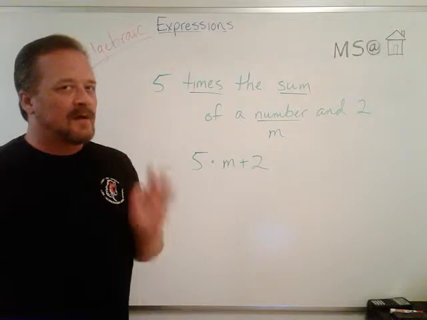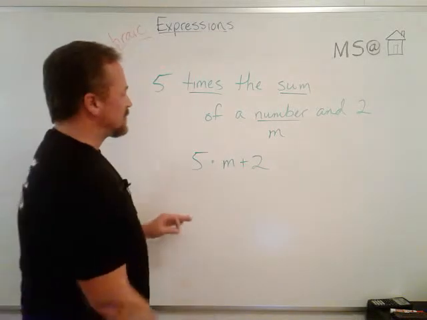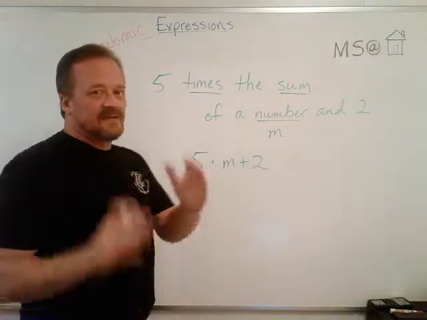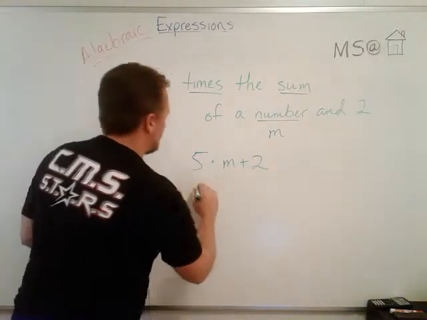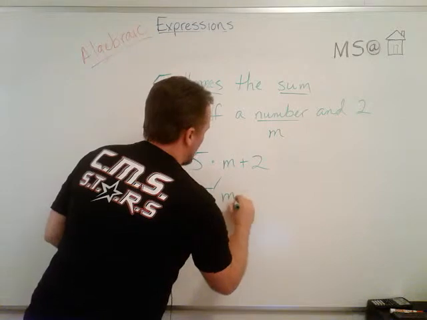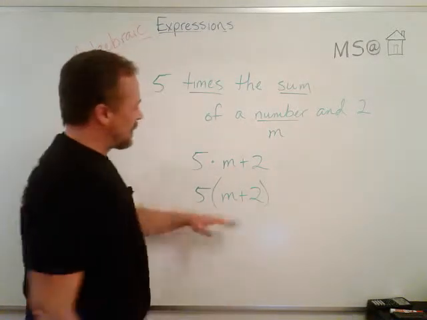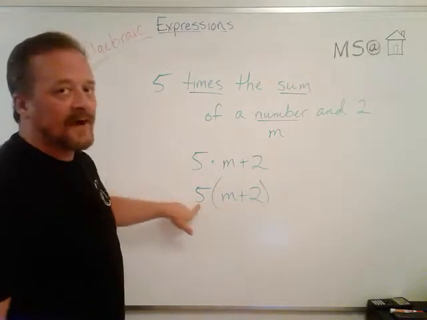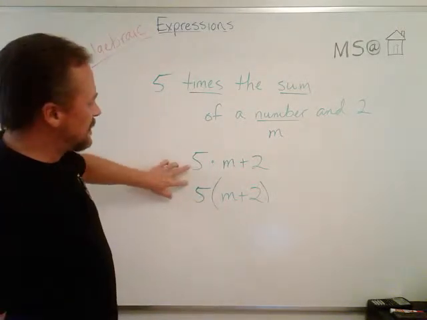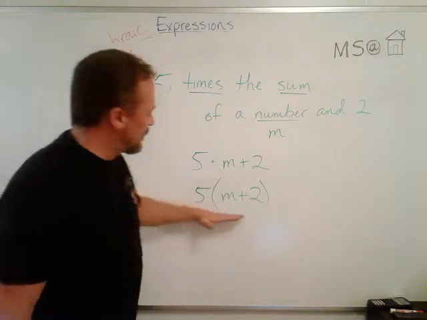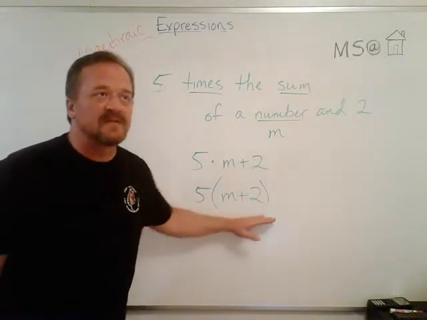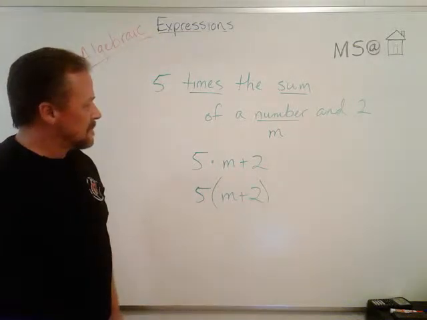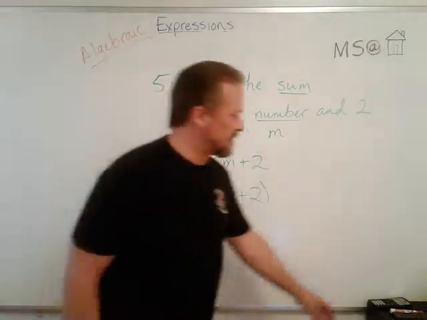However, it's more correct to make sure that this second part, the sum of a number and 2, gets its own little basket. And whatever happens in here gets multiplied later by 5, okay? Both of these are technically correct. This one is more correct, and this is the one you'll see written more often algebraically, okay? So there's a 2 operation example.